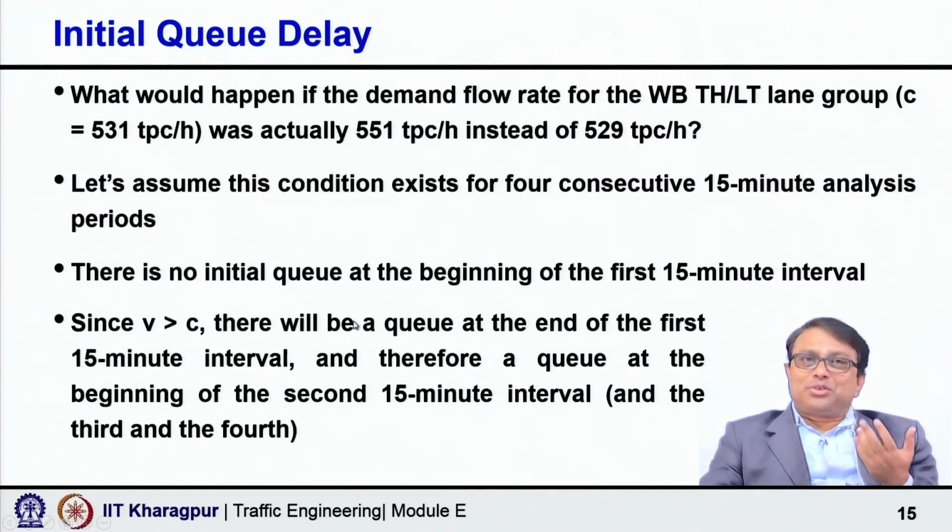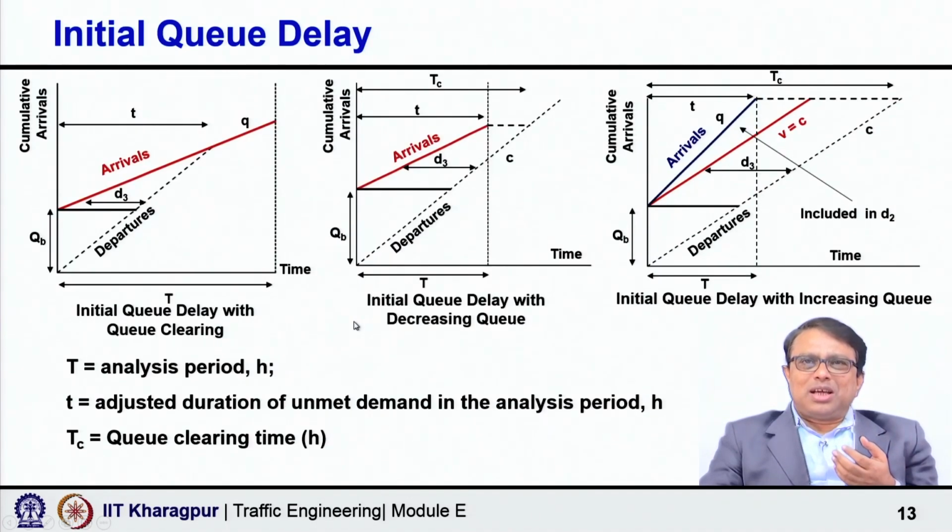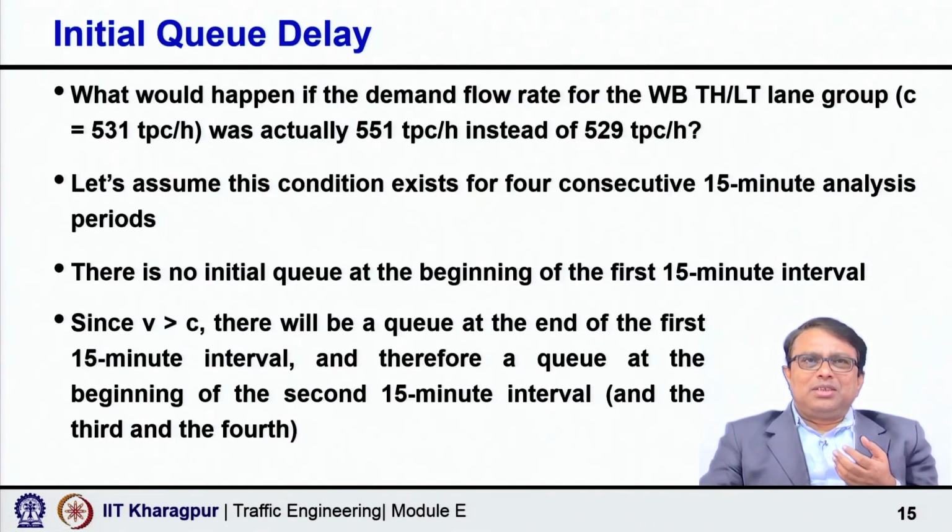So, let us consider whatever we have taken as the worst, that westbound through and left lane group. There the capacity is 531 TPC per hour and our actual demand flow rate was 529. Now, suppose instead of 529, it would have been 551, then what will happen?